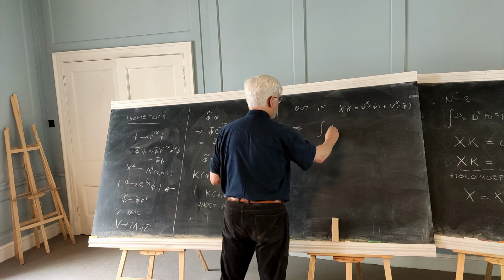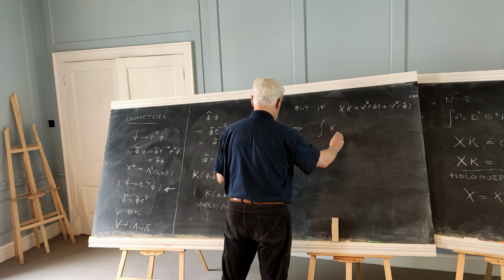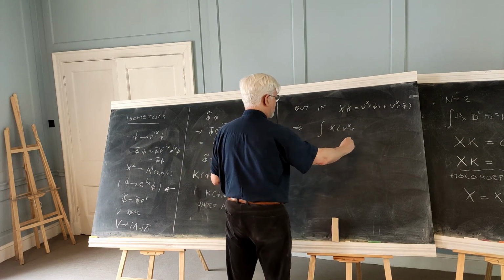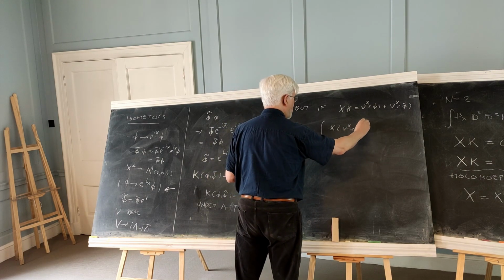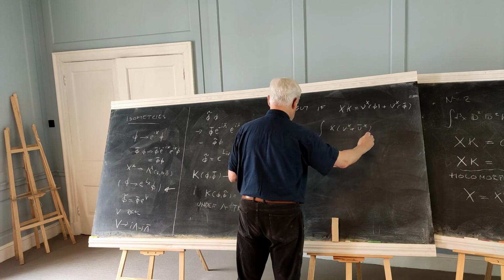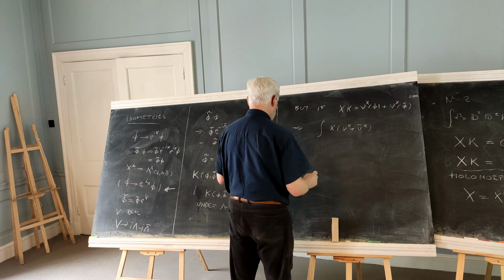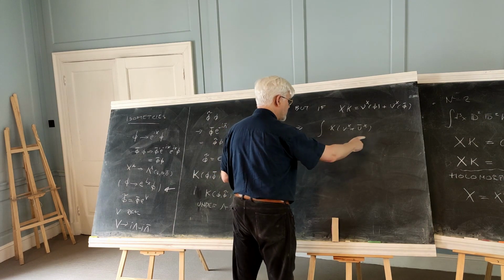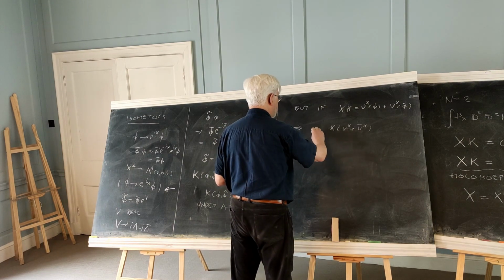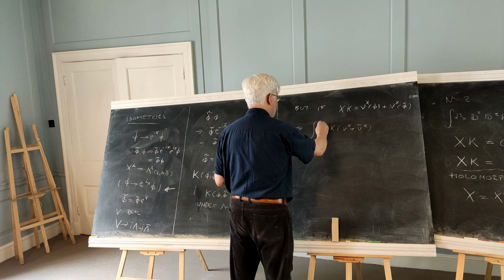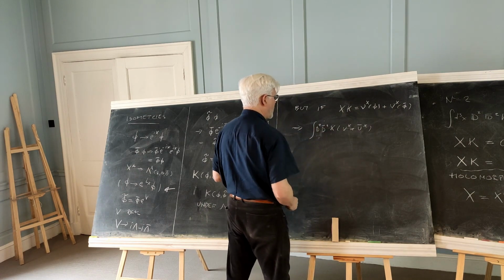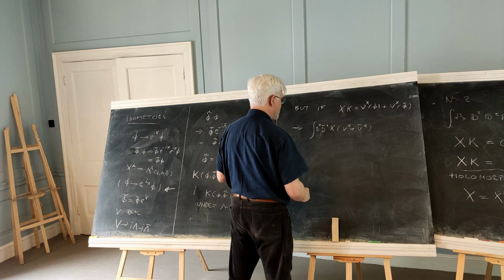X times nu X plus u bar X, etc. I've dropped the measure. When X is constant, this is 0.